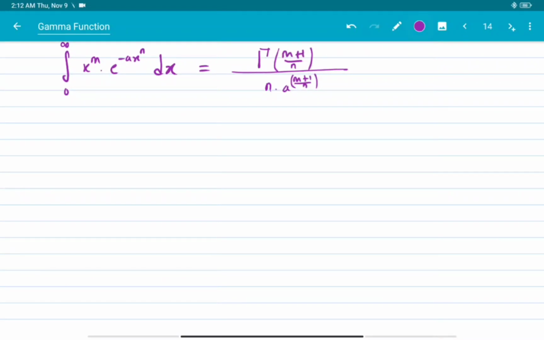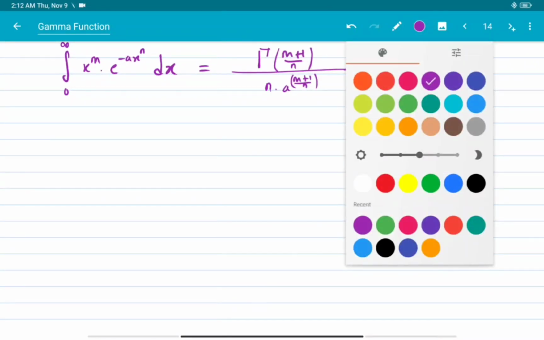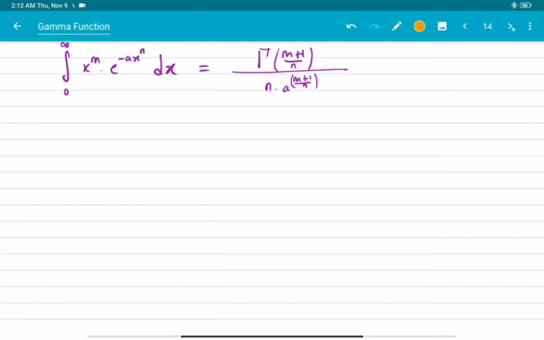We'll substitute t equals x to the power n, and you see dx equals dt over n times a x to the power n minus 1.